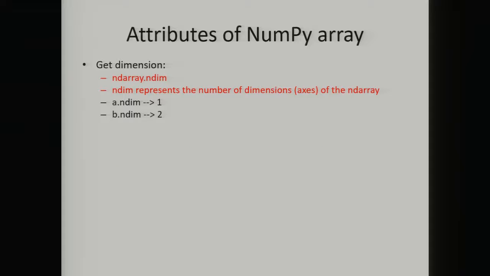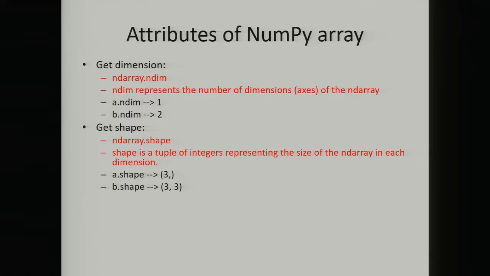Second attribute is shape. ndarray.shape is a tuple of integers representing the size of the ndarray in each dimension.